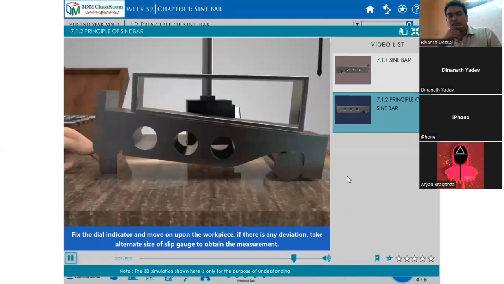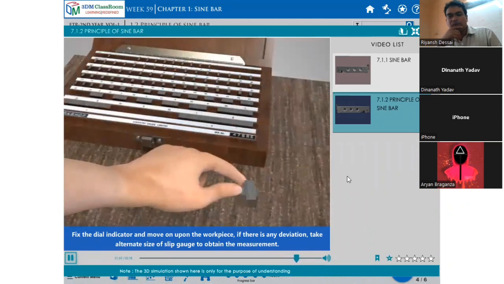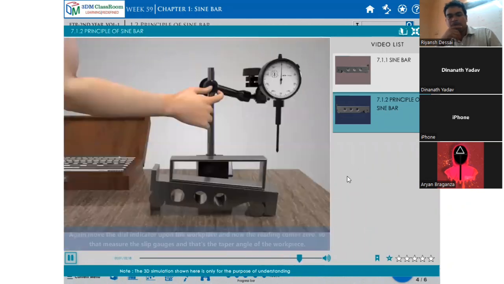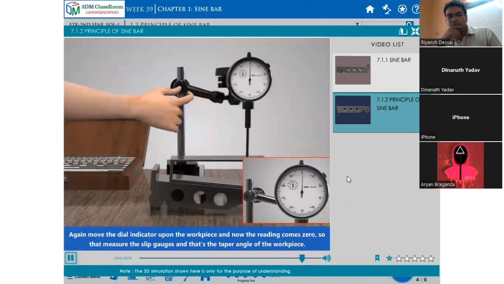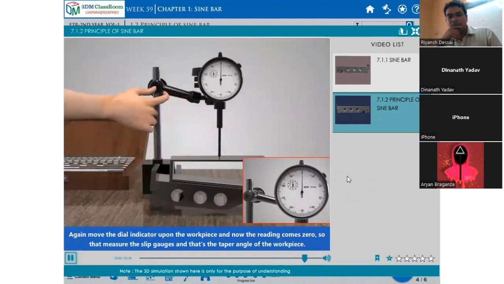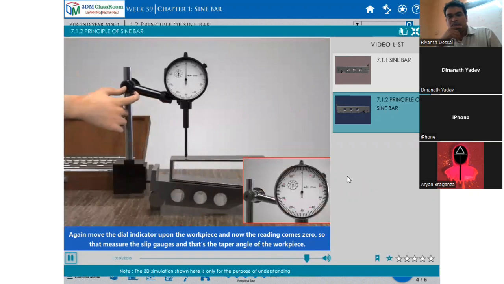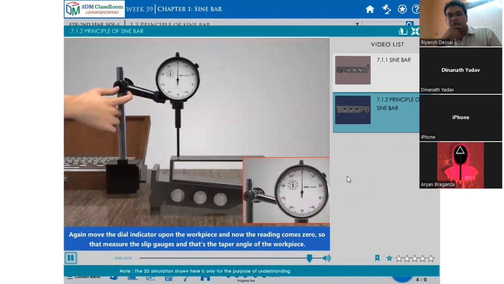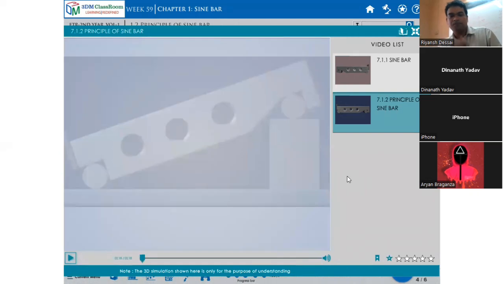Maybe you are not set. We'll see this practical, and we draw that out.